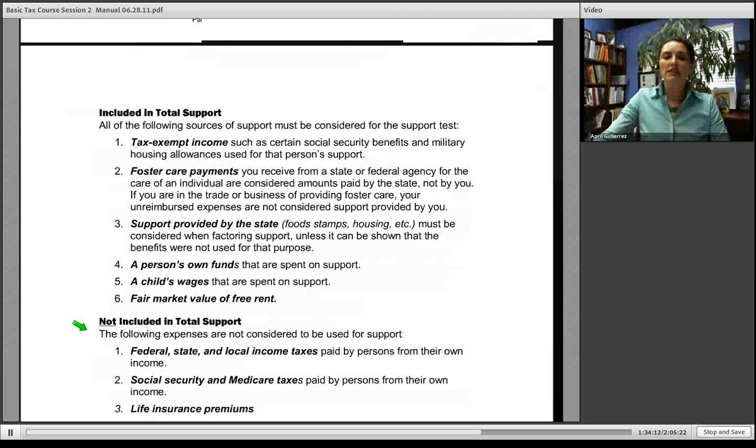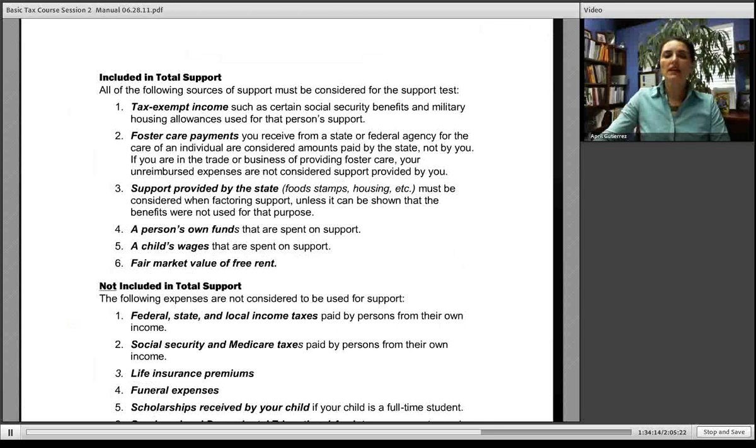support during the year. So what kind of things are considered to be support? Well, all of the following sources of support have to be considered for the support test, including tax-exempt income, such as certain Social Security benefits and military housing allowances used for that person's support.